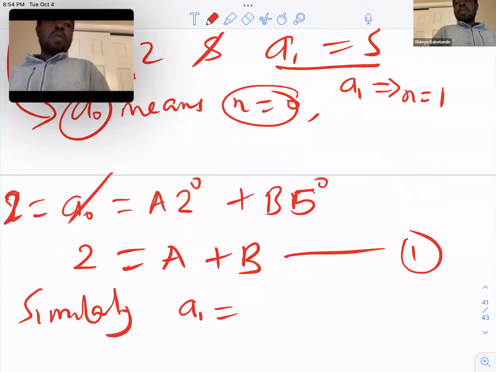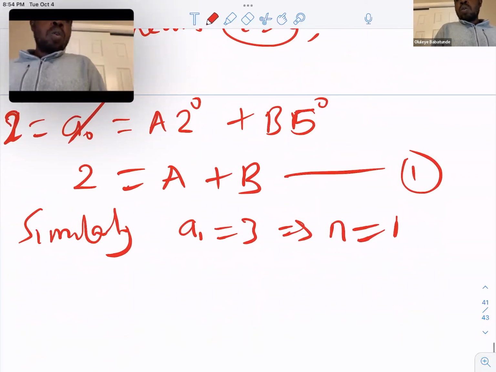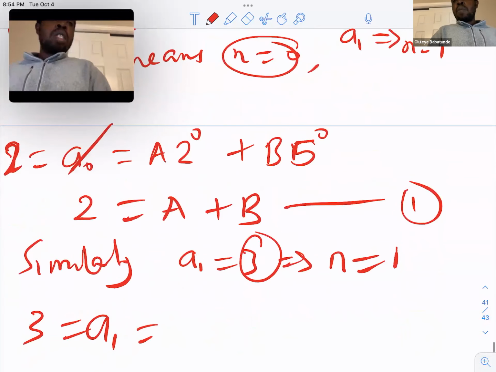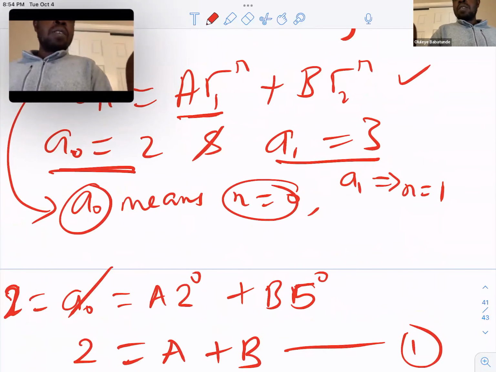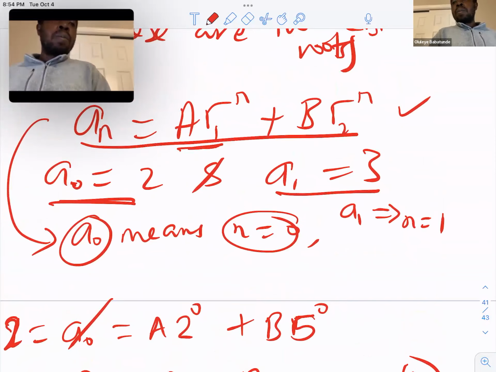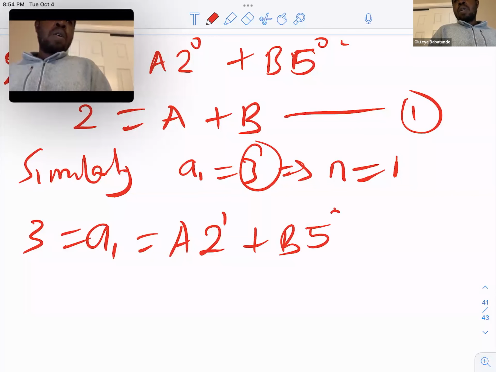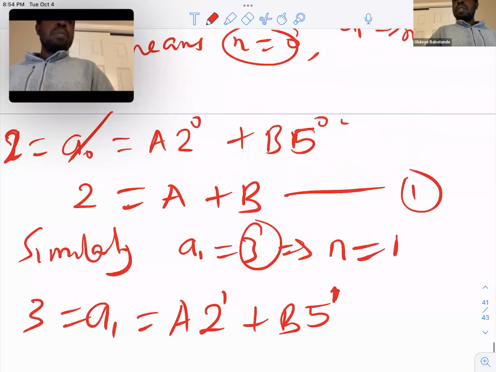Again, similarly, a1 equals 3 means that your n is 1. Okay, so 3 is our a1. And when you have your a1, you want to use this formula all the time. That's A, and r1 is 2 raised to power 1. We did 0 here, plus B times 5 raised to power 1.